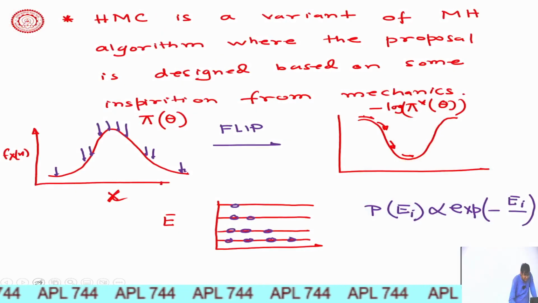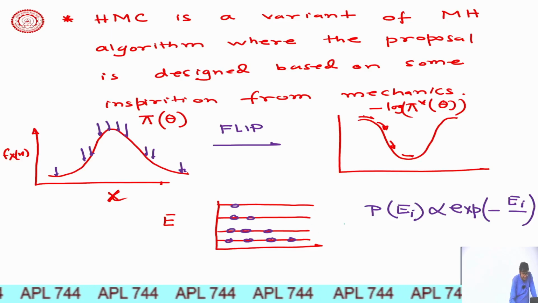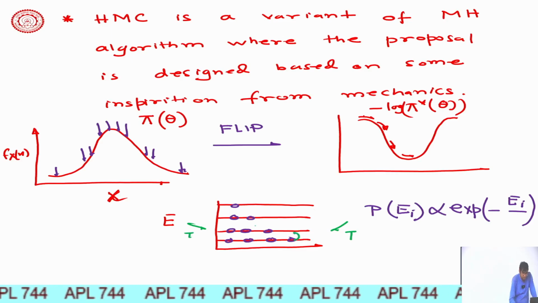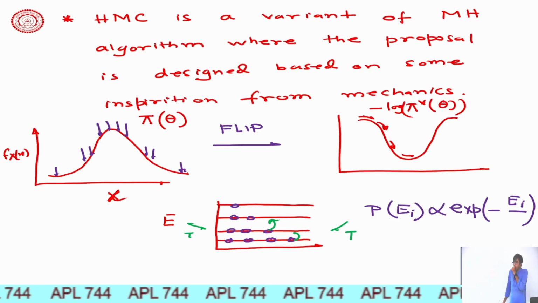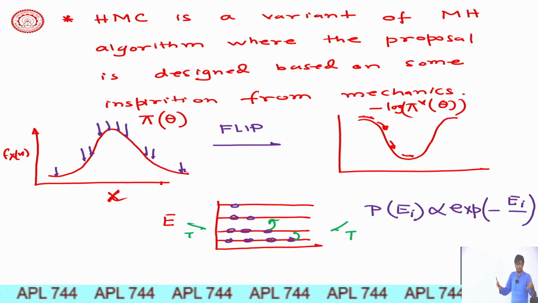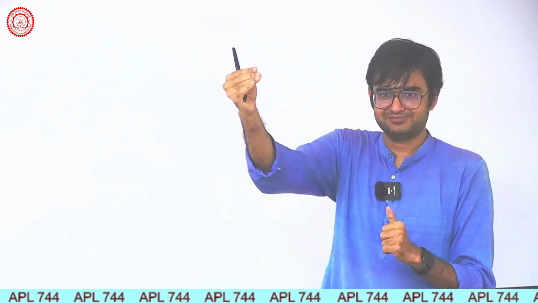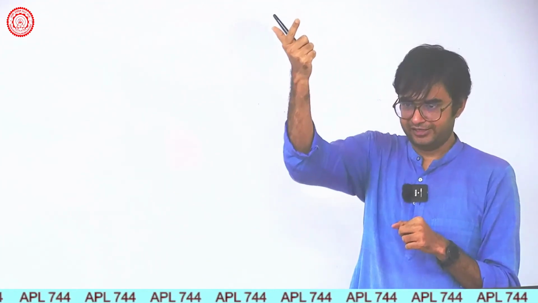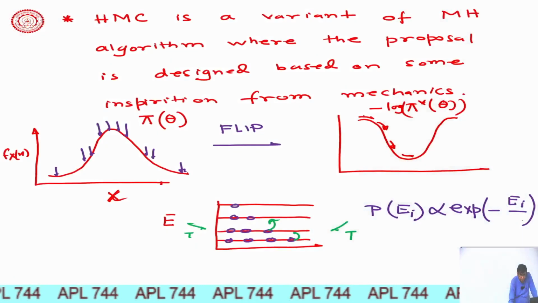Because of temperature, some of these particles may jump to the higher energy level because I am giving additional energy in the form of temperature. So the particle will take that energy and move to the higher energy level. So what does it mean? That if temperature is more, then more number of particles will stay in the higher energy level. So that's why it is also divided by T.